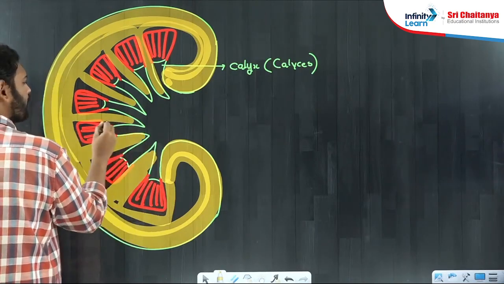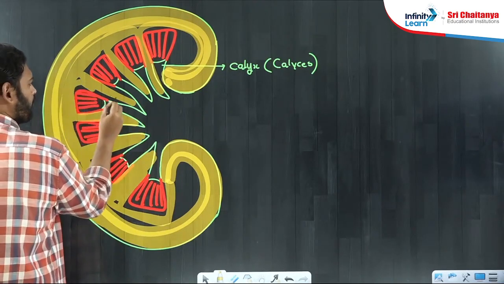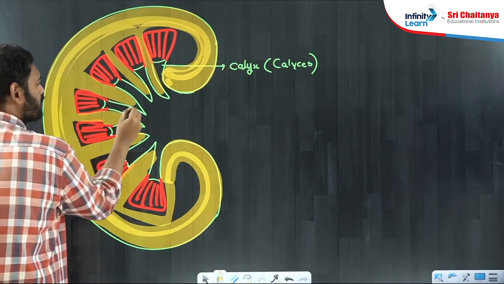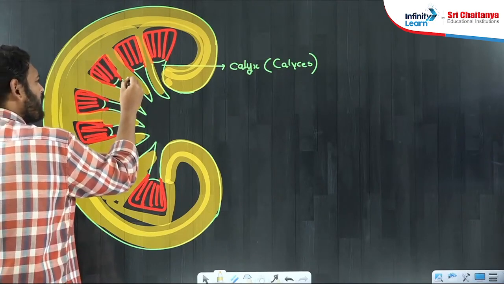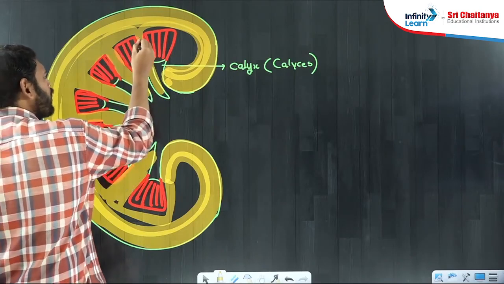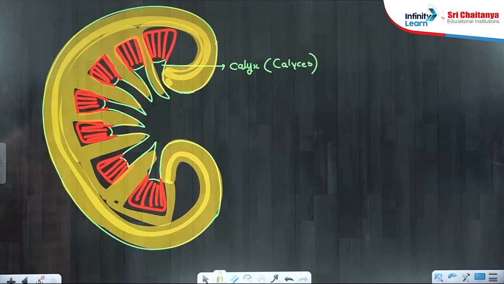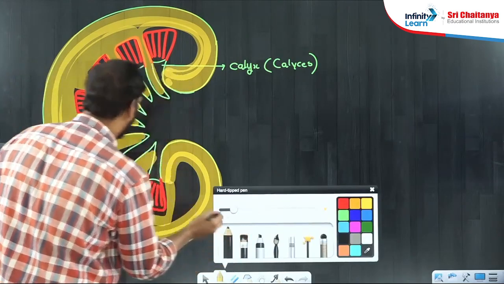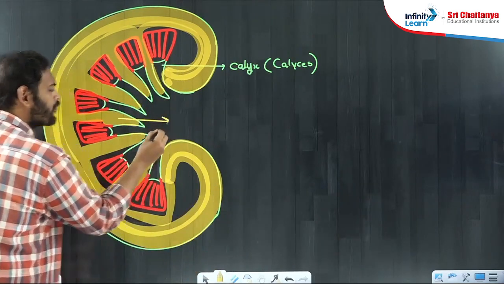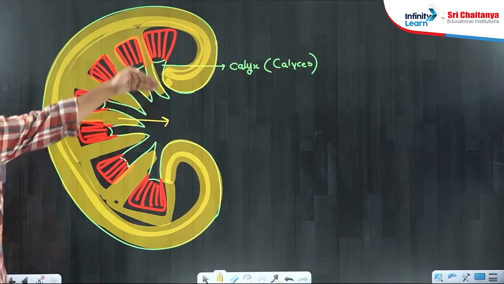This cortex, which is between pyramids, looks like columns. What do you call these columns of cortex which are adjacent to pyramids?